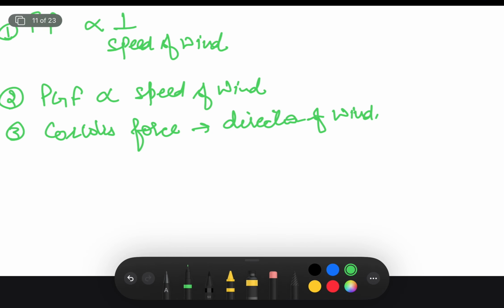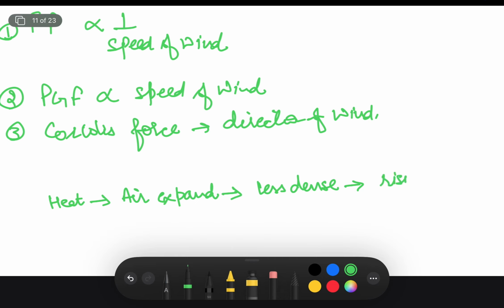Now suppose when the heat is more, air will expand. As the air expands, it will become less dense, and when it is less dense, it will create rising of air. When the air rises, it will create low pressure.